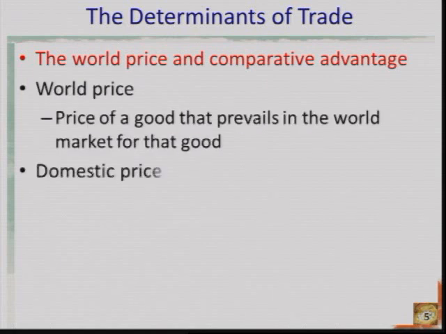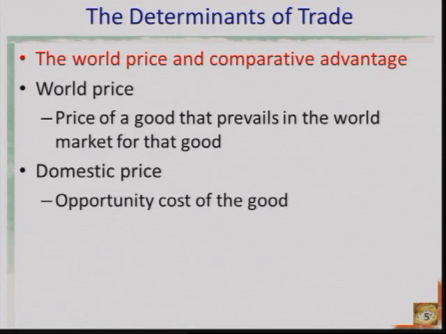All right, so a couple of definitions. We're going to say the world price. The world price is the price of a product that prevails in the world market. And the domestic price is the price that it's bought and sold for, like our $10.25 for a toy truck here. Now, your author's making an assumption.